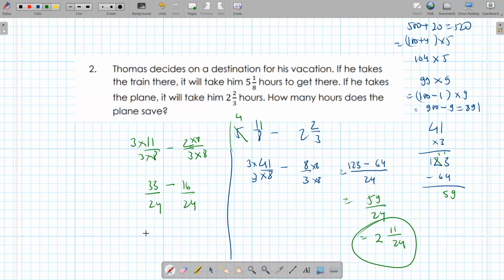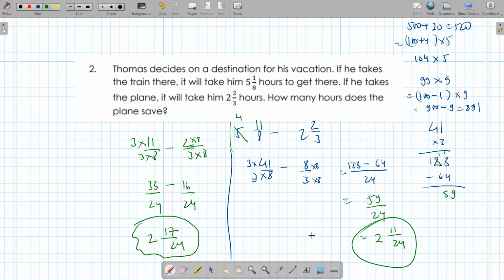What is that? Is it just 16? It's 17. 17 over 24. But then 4 minus 2 is a 2. So this is the answer that we get.